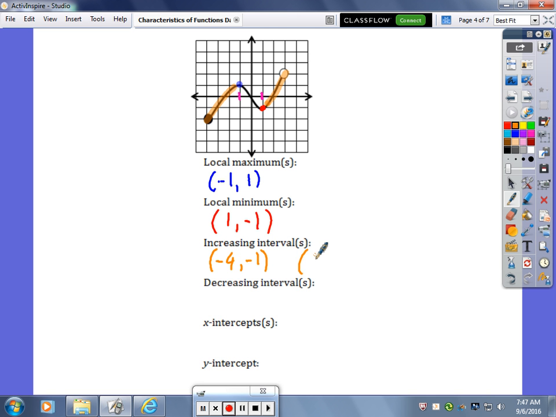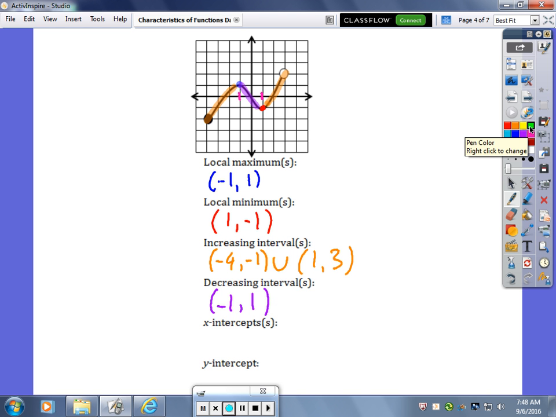And the other one goes from +1 to +3. Don't forget your unity symbol in between these two. We have only one decreasing interval. The coordinates of the decreasing interval are from -1 to +1.